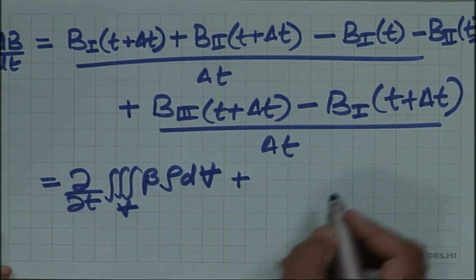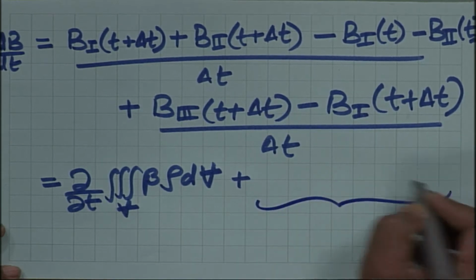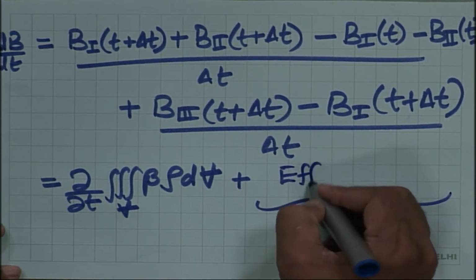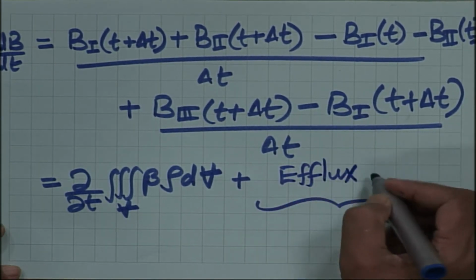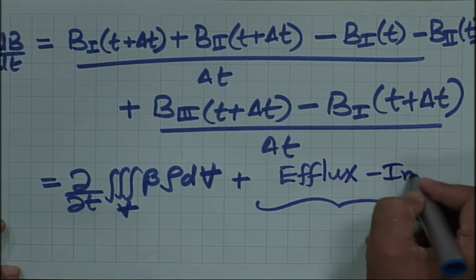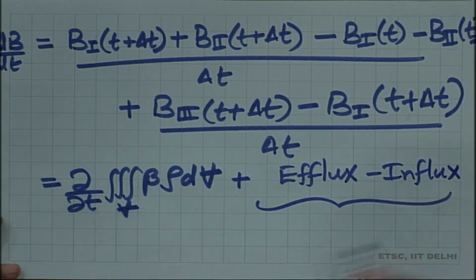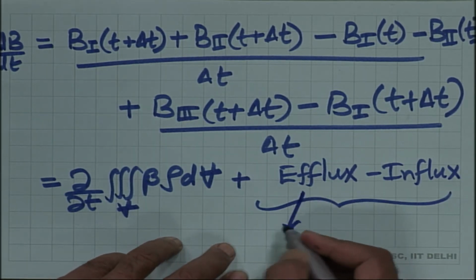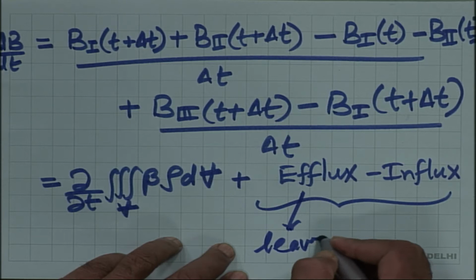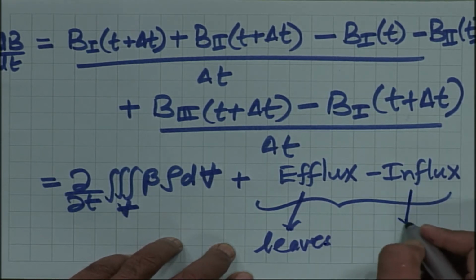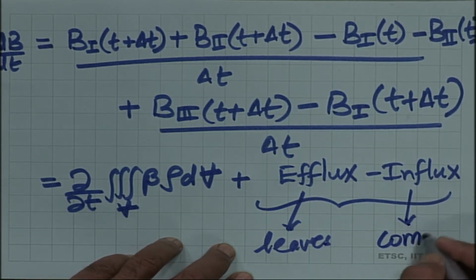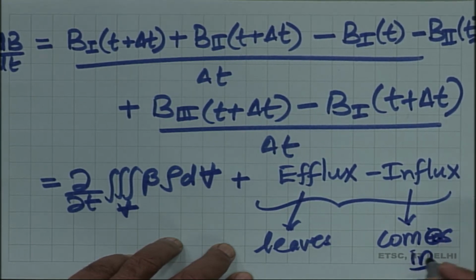Now, let us see what these 2 terms are, what I am calling the efflux and influx terms. What is the meaning of efflux? Something which leaves, and influx is something which comes in.